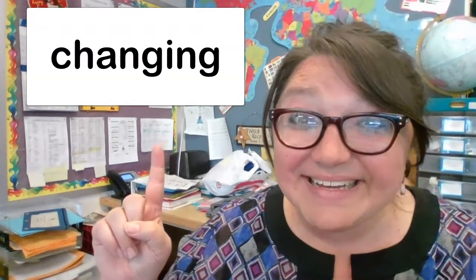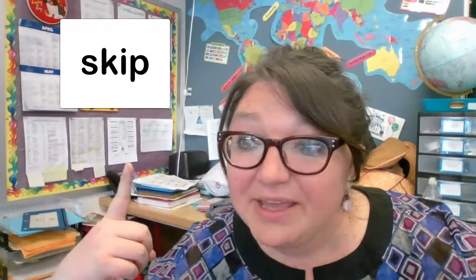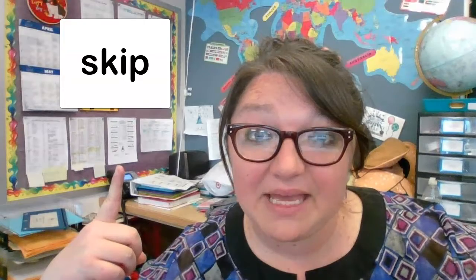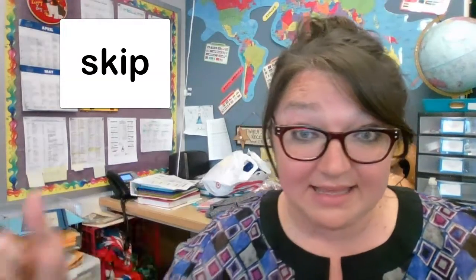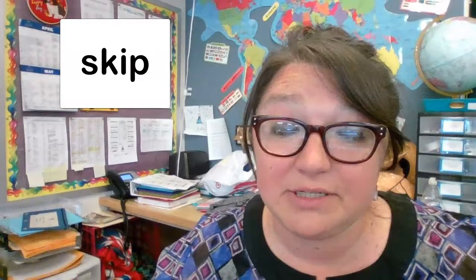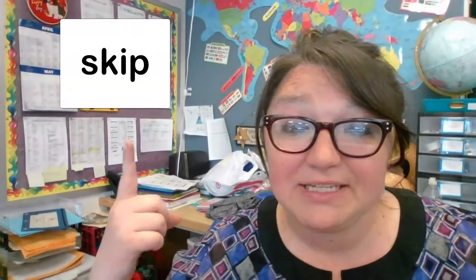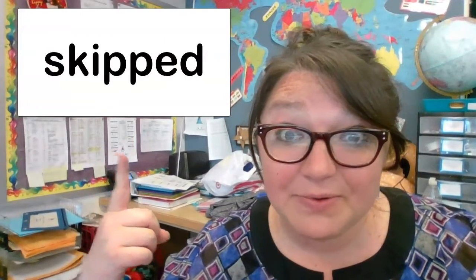Changing. Good. Yesterday, we also learned that if you have a short vowel CVC word, usually you double the last consonant. Let's try it with this one. Here we have the word skip. If we want to make this say skipped, like yesterday I skipped a rock on the pond, we would have to double the P. So it would go from skip to skipped.